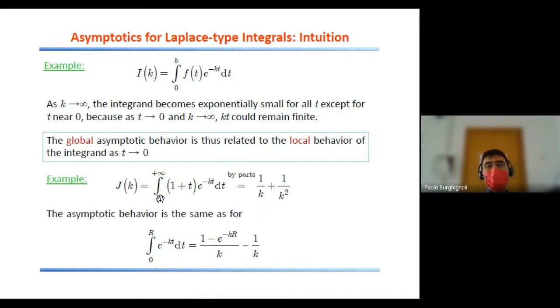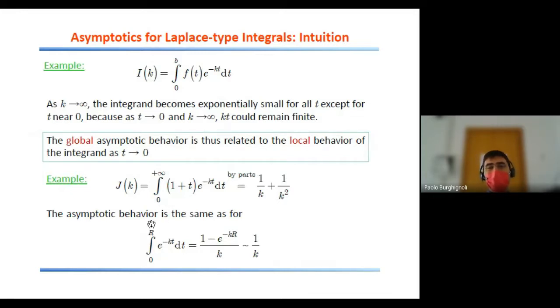Now, if instead of evaluating exactly the integral, we limit ourselves to replace the quantity in brackets with its asymptotic value in the neighborhood of the origin, when t tends to 0, this bracket tends to the constant 1. So we replace the integral with a general integral, where integration is now performed from the origin to an arbitrary value, capital R, of the constant 1 times the Laplace exponential.